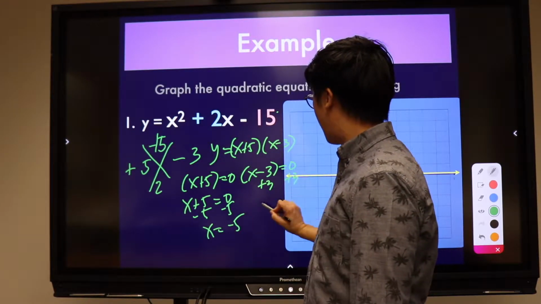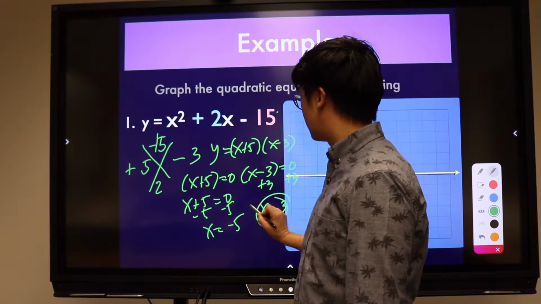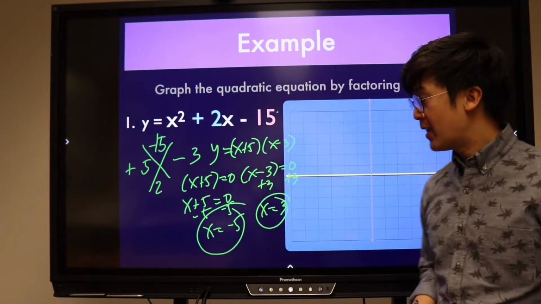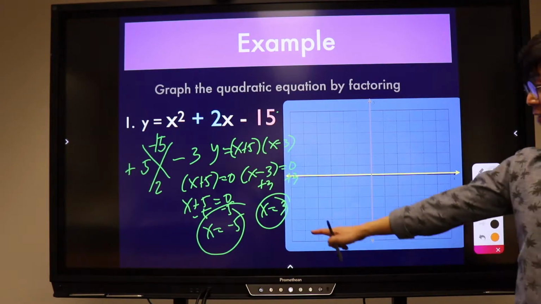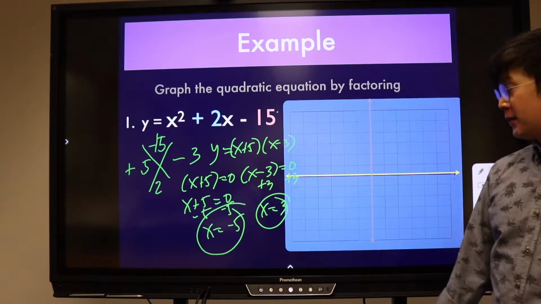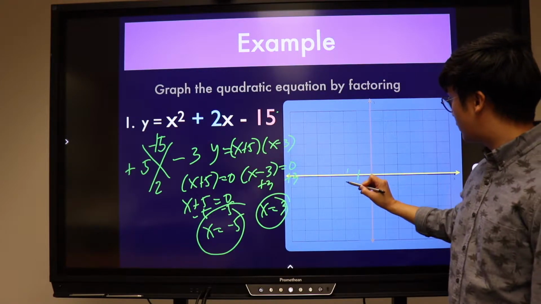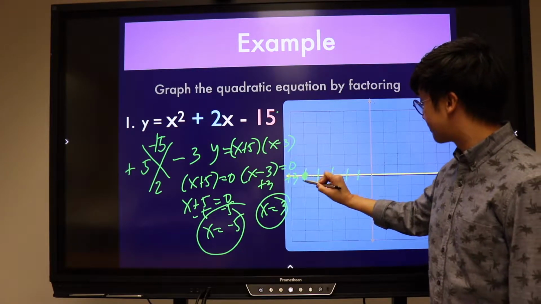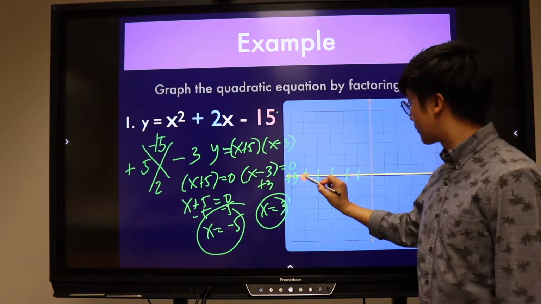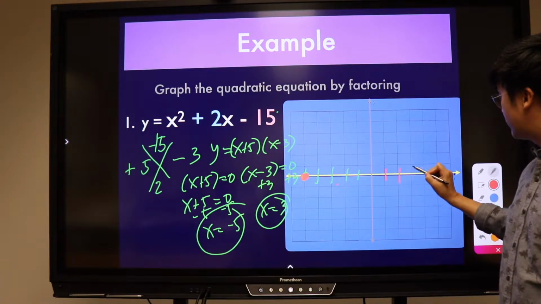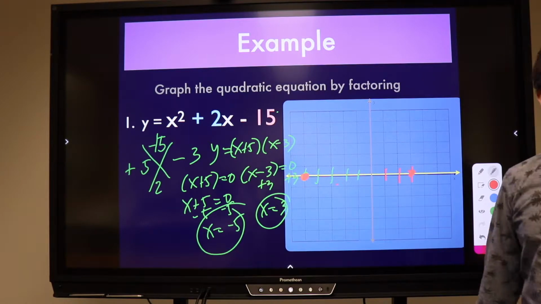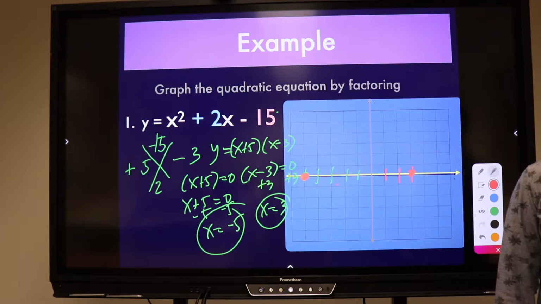Add 3: x is equal to 3. Now if we're going to sketch the graph, the solutions are negative 5 and 3. So negative 5, 1, 2, 3, 4, 5. That's negative 5. Positive 3, 1, 2, 3. That's positive 3. How is it opening? Upward.